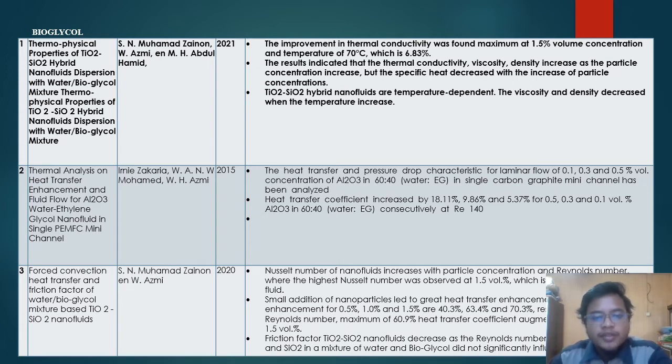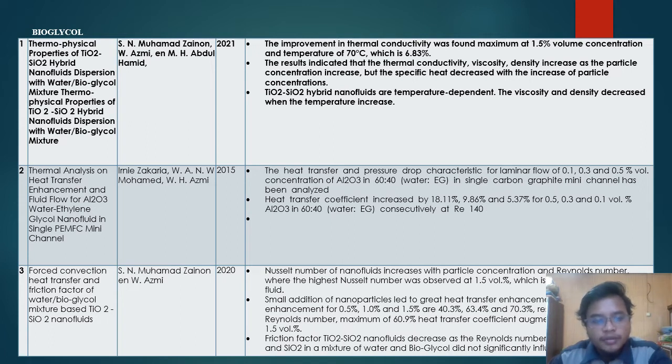The heat transfer coefficient increased by 80.11%, 9.86% and 5.37% for 0.5, 0.3 and 0.1 volume percentage concentration of Al2O3 in 60:40 water ethylene glycol consecutively at Reynolds number 140.